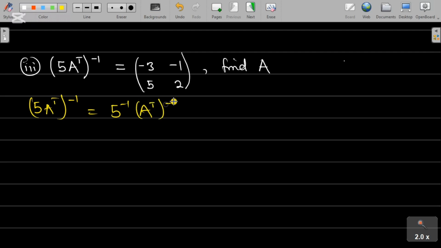A transpose inverse could just mean the inverse of A transpose, which you can write this way. Of course, 5 inverse is 1 over 5, and you can write this one like this. It can actually be the same thing as A inverse transpose, and of course, that would help what you want to achieve.